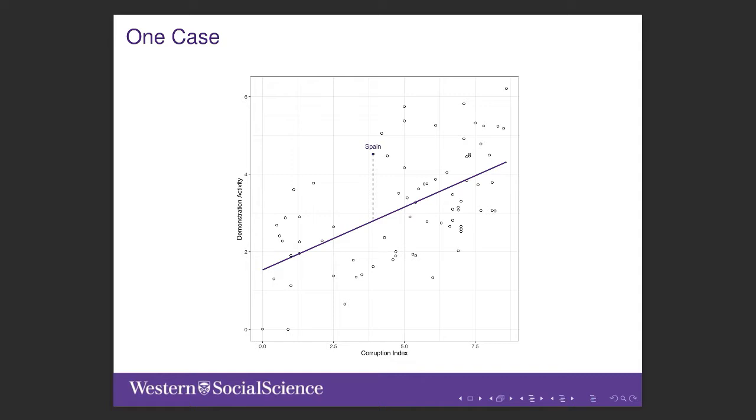Let's take a look at a single case. Here I've highlighted the point for Spain. We can see that the intercept, the expected value of y when x is equal to 0, is around 1.5. It's a bit more difficult to guess at the slope, but we'll figure that out on the next slide. The dashed line connecting the point to the regression line represents the residual.